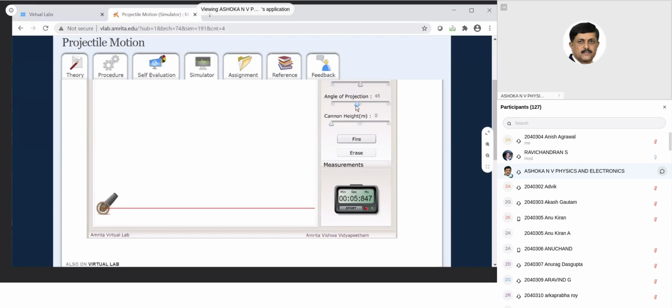Angle of projection, I'll keep it 45. You can fire and see what will be the range from 0. This is the one. Next, if you want, you can keep it at 10 and 20, you keep it at 20, and now you fire with the same velocity. Same angle, same velocity. That also we can try. Now we can try once more.